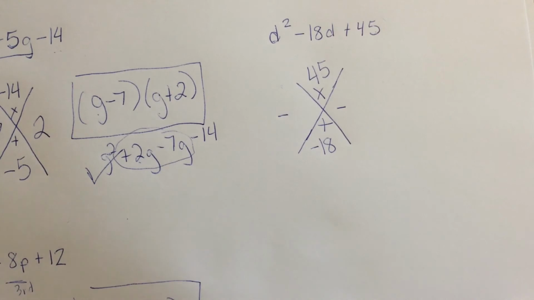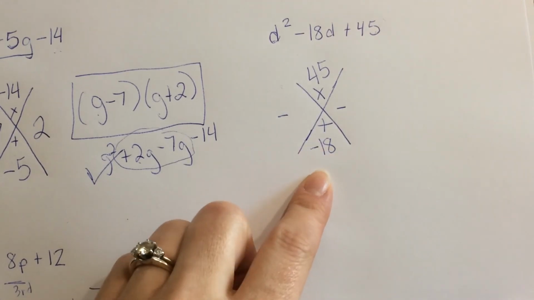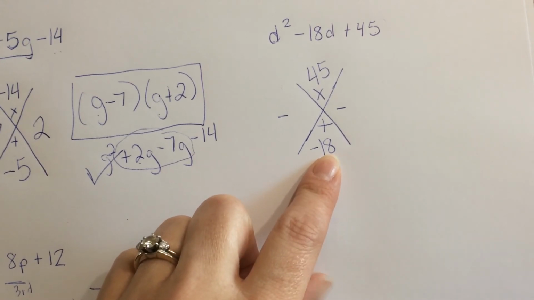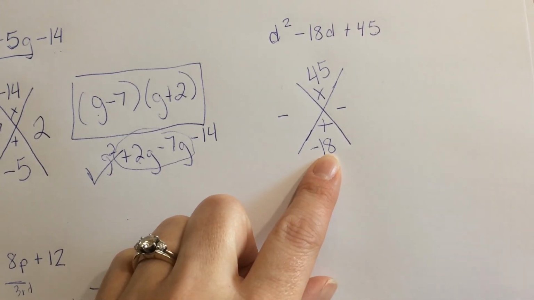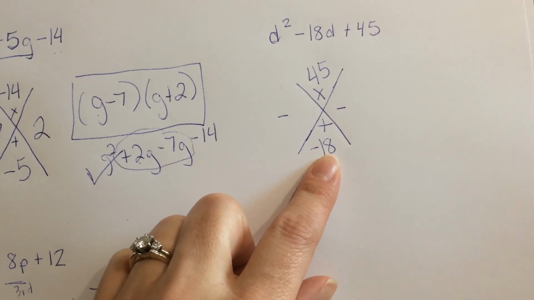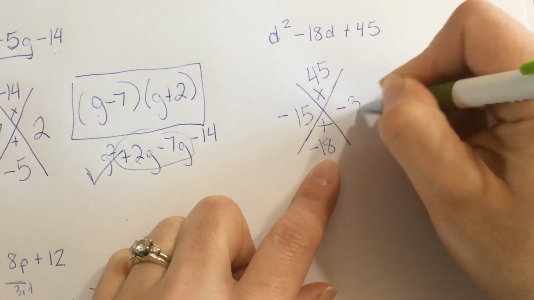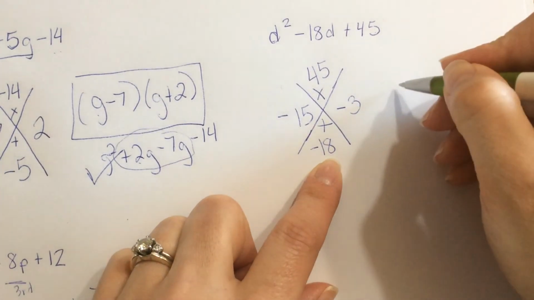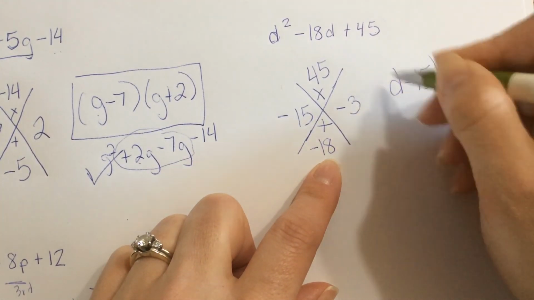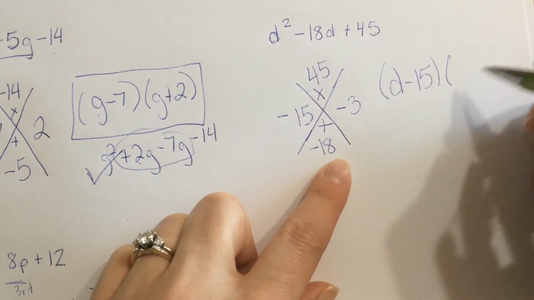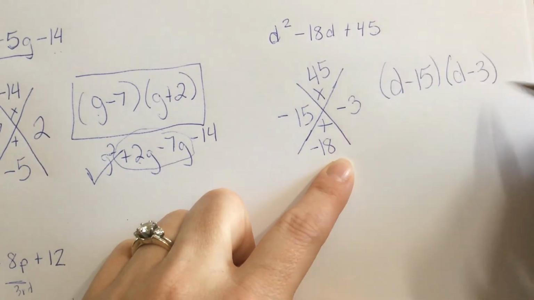When I do that, the factors that first come to mind are obviously 5 times 9, but if I add 5 and 9, I only get 14, so that one doesn't work. So I have to think about different factors of 45. A different one is 15 and 3, and if I add 15 and 3, I get that 18. So my factors for this one are going to be d minus 15 times the quantity d minus 3.